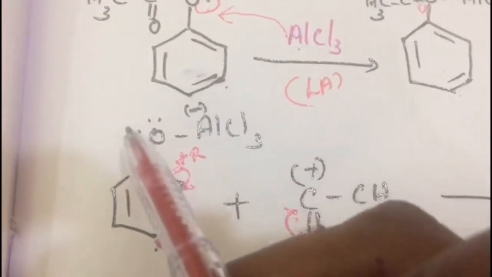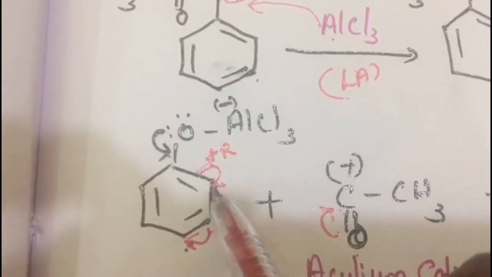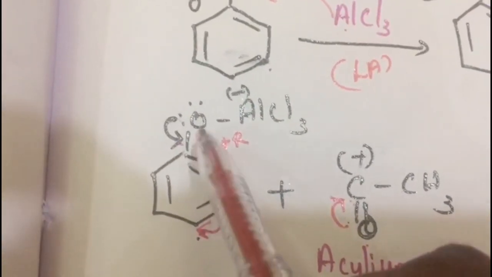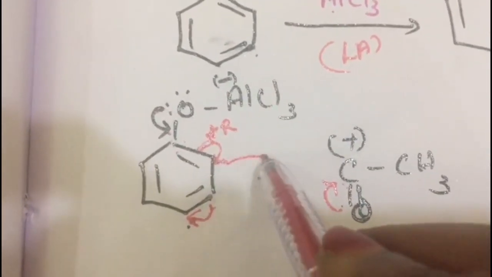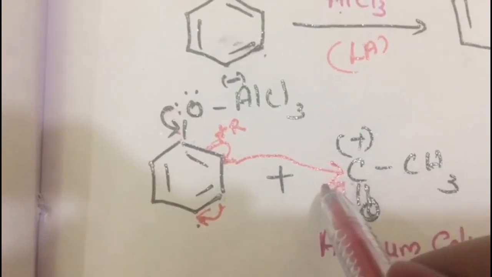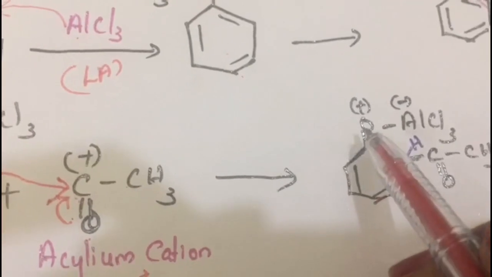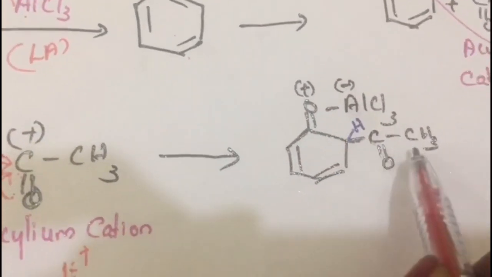When this electron moves towards this ortho position, this carbon atom acquires positive charge, and using this electron it will form a double bond, this oxygen acquires positive charge and this carbon acquires negative charge. To this negative charge, this COCH3 will be attacked. So the product is double bond O plus AlCl3 minus, and here COCH3.